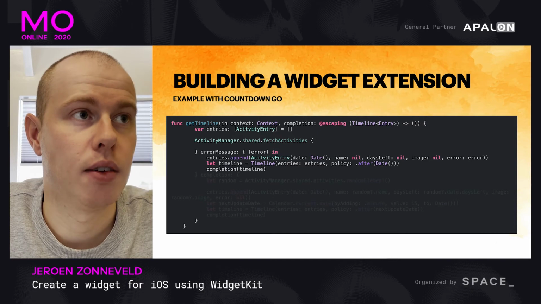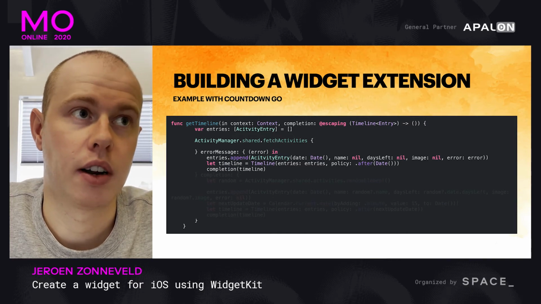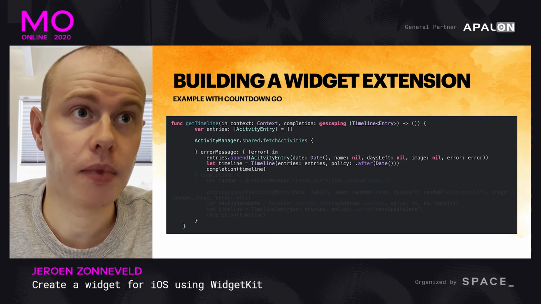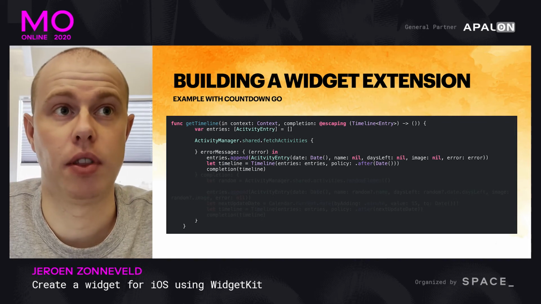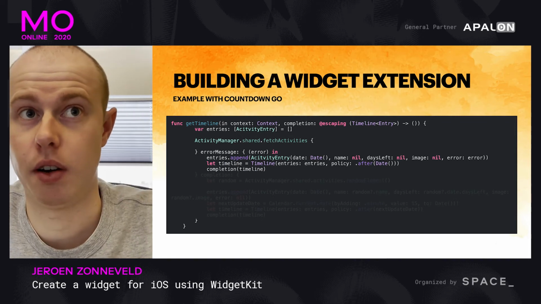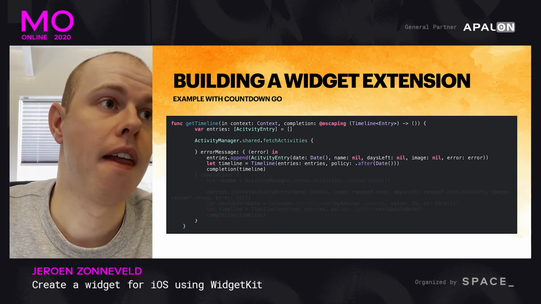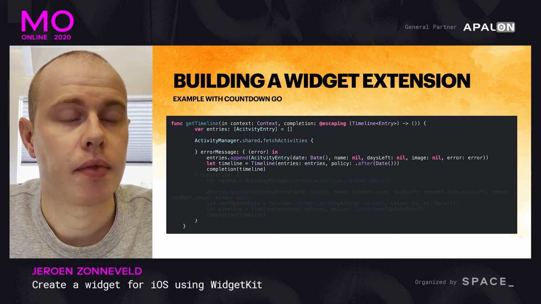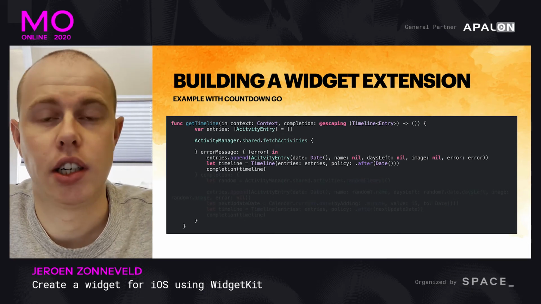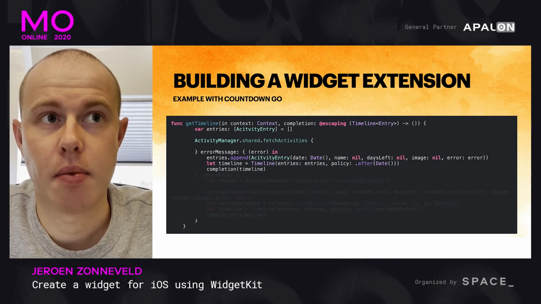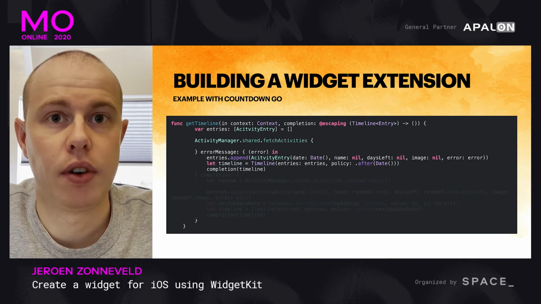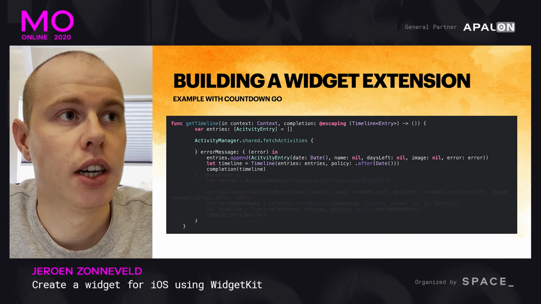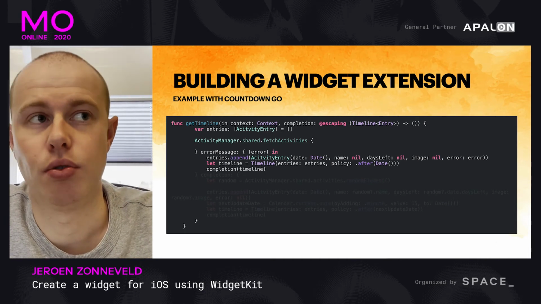In that case, I will add one activity entry to the entries list without a name, days left, or an image, but with the error. And I add that to the timeline, and the policy is that after the current time, I want to refresh the timeline as soon as possible. And I run the completion to show the error to the user.